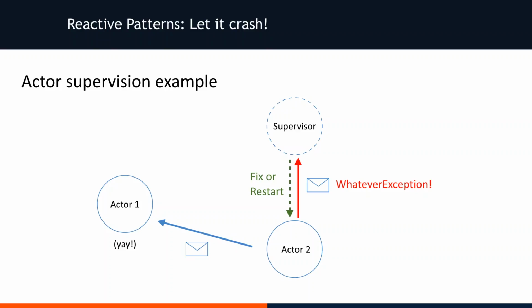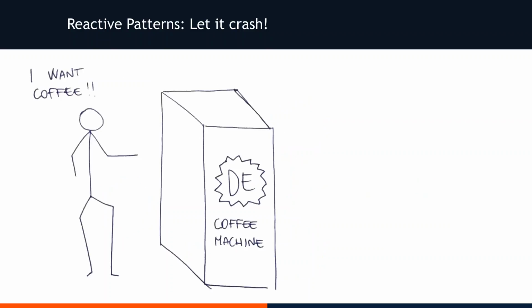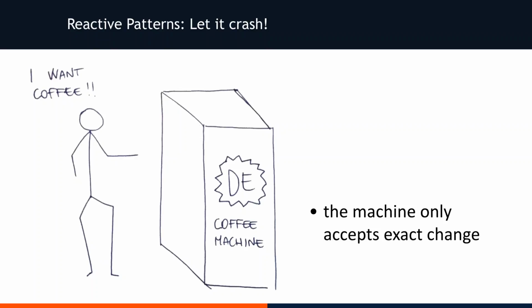If we try to apply this, there's a funny situation I have. Let's try and map this to a real life example. Let's say there's a developer, and a developer needs some coffee, obviously during the day. Now, what we have there is a very old coffee machine that only accepts exact change.